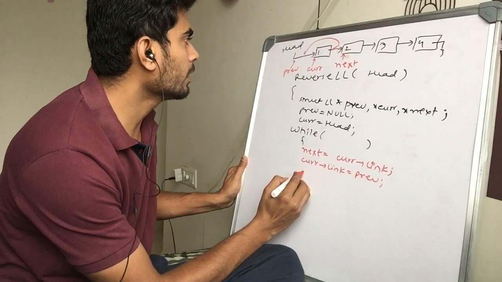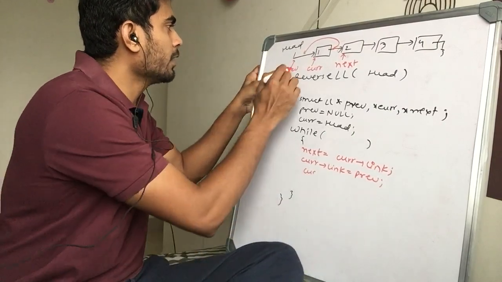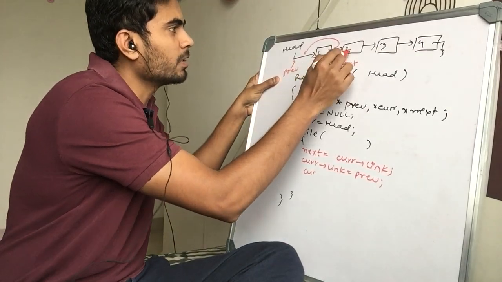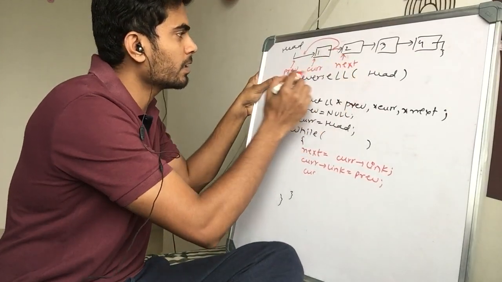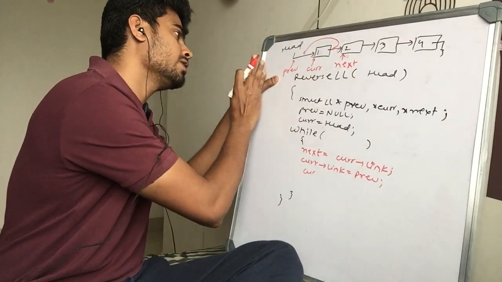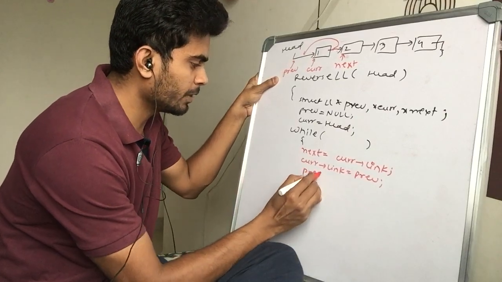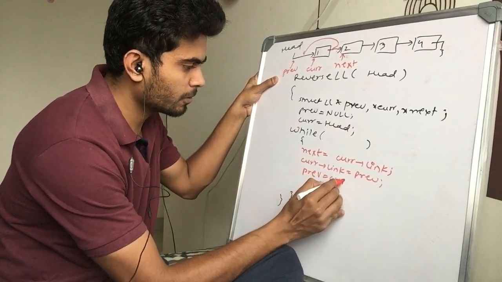So how will I be doing this? I will be setting previous first. If I do current equals next here first, then it will not be possible to shift by 1. So I should always start from the left. How will I be doing it? Previous equals current.